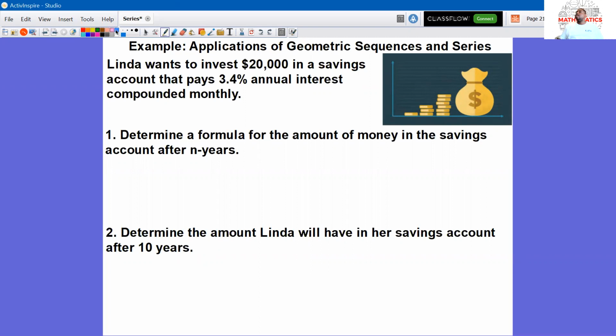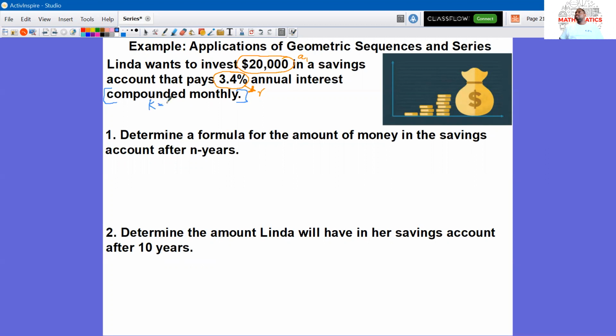Okay, so let's go back and review this again. It says Linda wants to invest $20,000 in savings. So that's our A1. This is, okay, our R, 3.4% annual interest compounded monthly. So that's going to actually make a difference here. When you see compounded monthly, that means we get interest 12 times a year. Okay, so I'm going to call that K here.